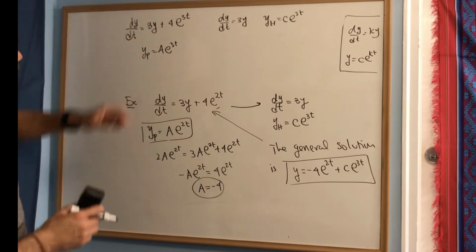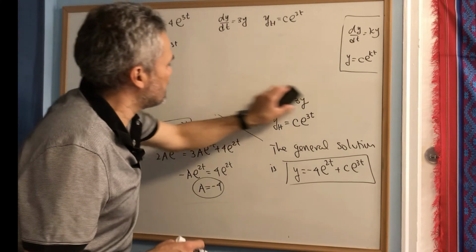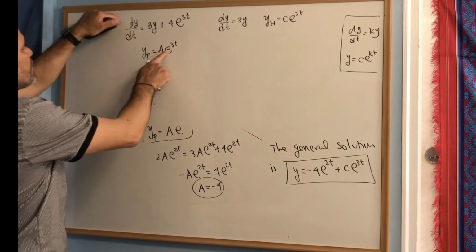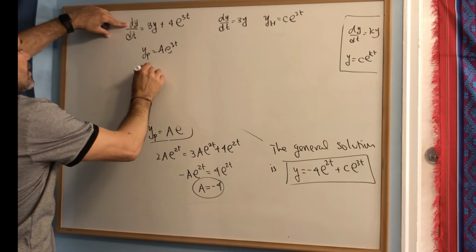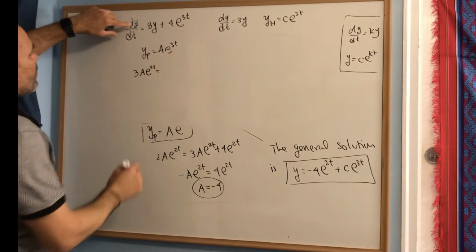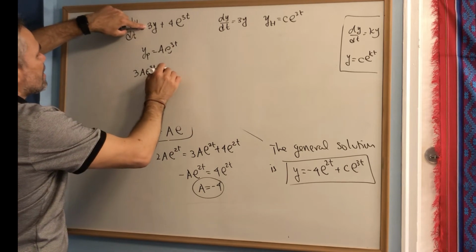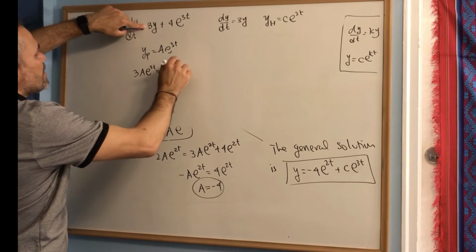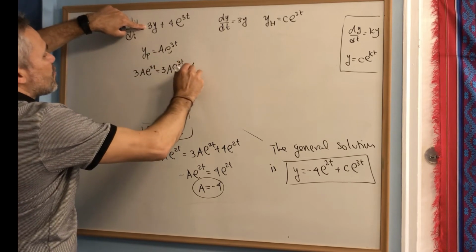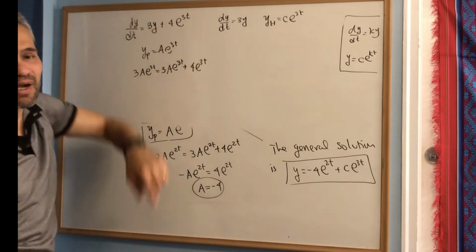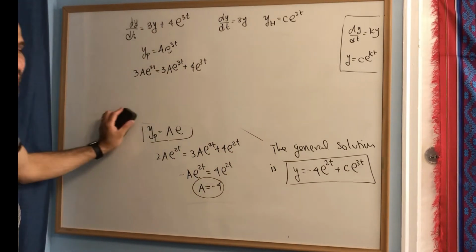Let's see what happens when I replace here. The derivative of this function is 3a e to the 3t, equal to 3 times a e to the 3t, 3 times y, plus 4 times e to the 3t. Can we find the a?